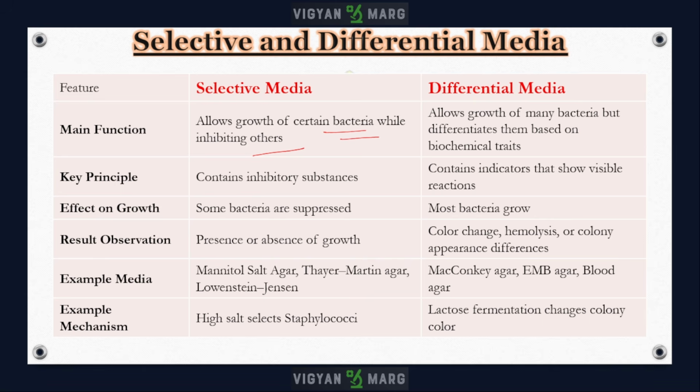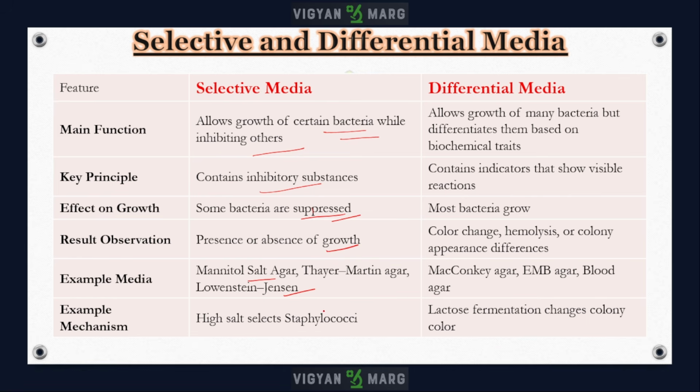They contain inhibitory substances that suppress certain bacteria while allowing others to grow, and the main readout is the presence or absence of growth of the microorganisms. Some examples are mannitol salt agar and Lowenstein Jensen agar, already explained previously.